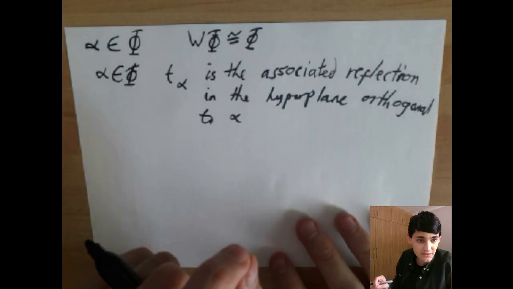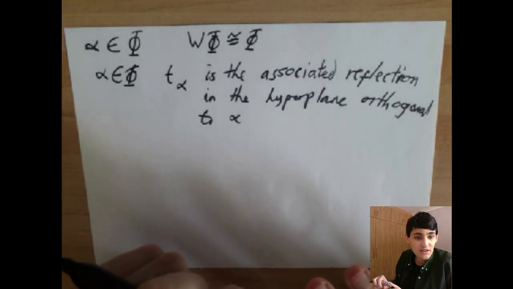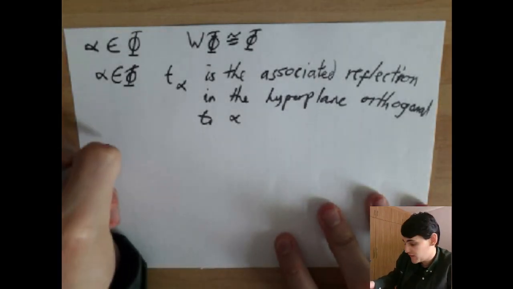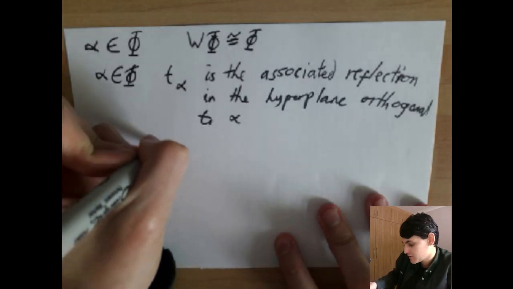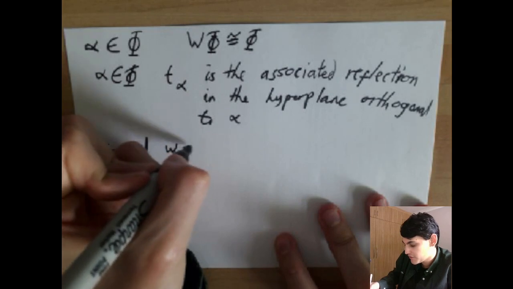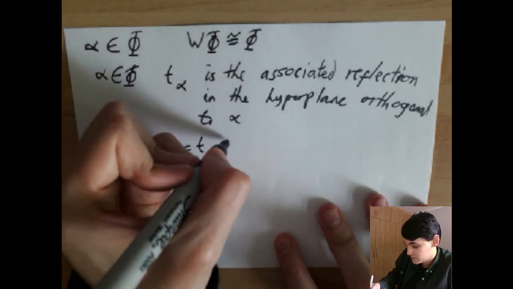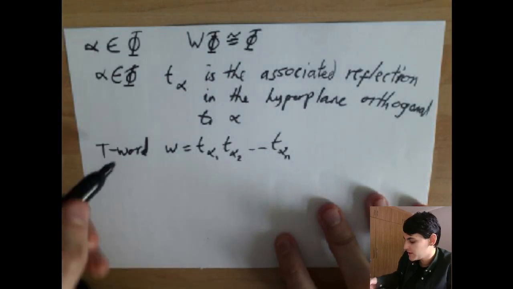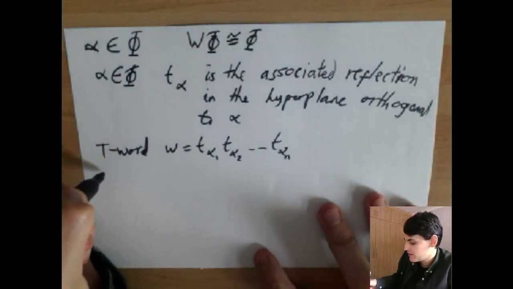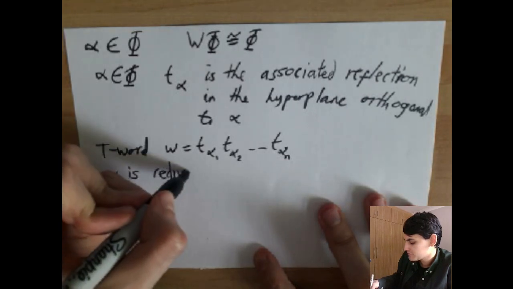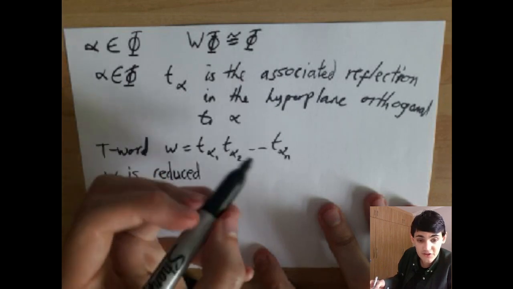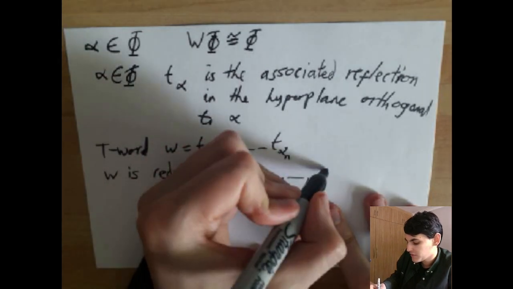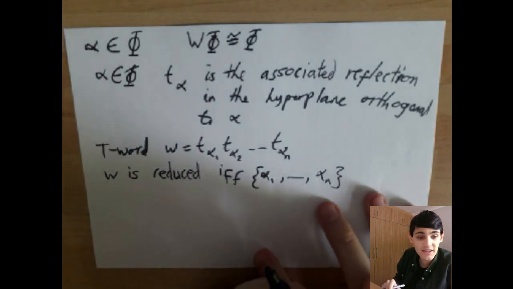The reason that I am mentioning this here is that if you have got a T word, W equal to T alpha 1, T alpha 2, all the way up to T alpha n, then we can say that this is reduced, so it's got its minimal decomposition, if and only if the set alpha 1 up to alpha n is linearly independent.